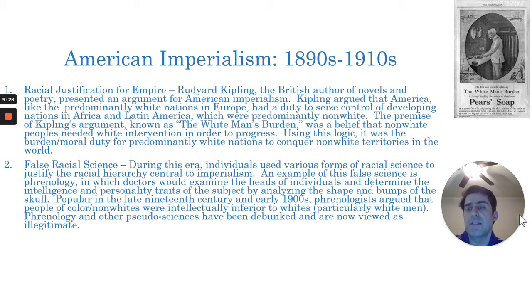What else besides Rudyard Kipling's argument? What were some of the other racial justifications for imperialism? Well, during this time period, there was quite a bit of false racial science, what we would now refer to as pseudoscience, because it's been debunked and proven untrue.